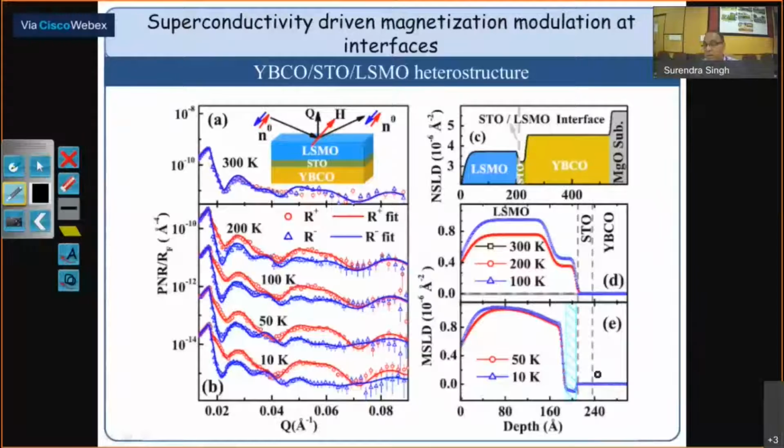We found a maximum ferromagnetism in one of the BFO LSMO systems. The interfacial BFO layer was showing a magnetization of around 180 emu per cc, which is quite high compared to the canting moment, which I said is maybe 10 emu per cc or something.